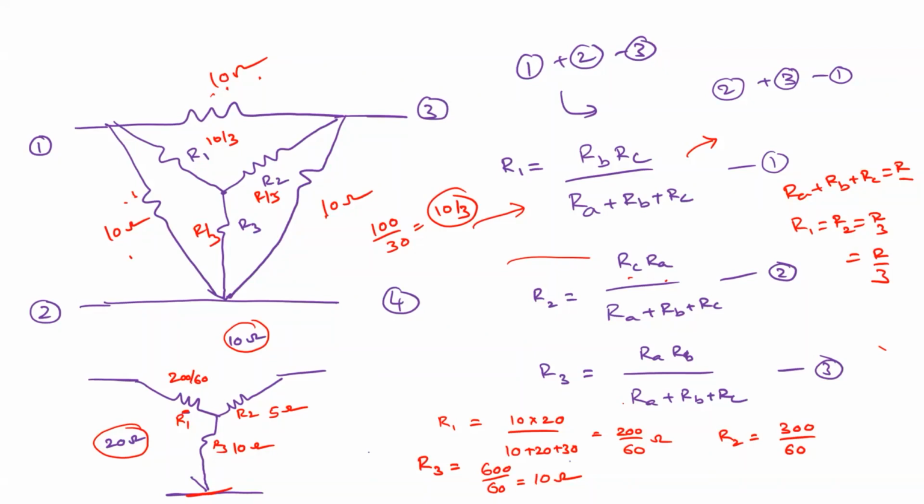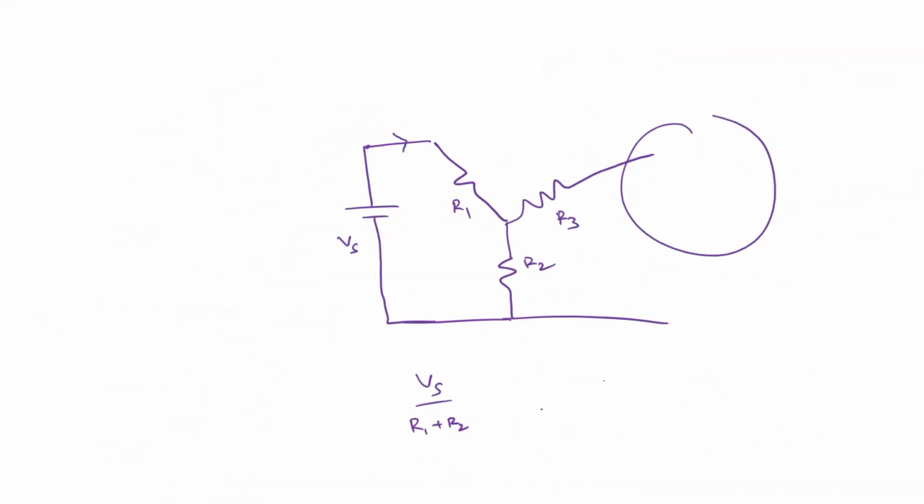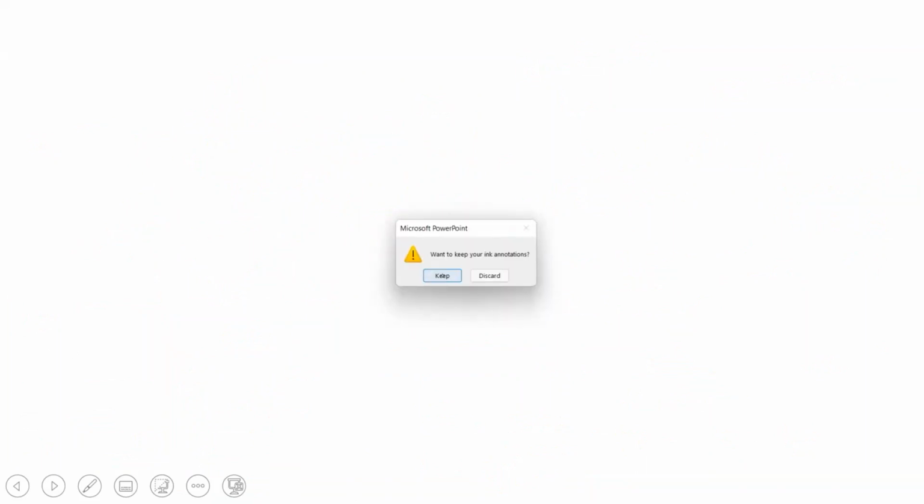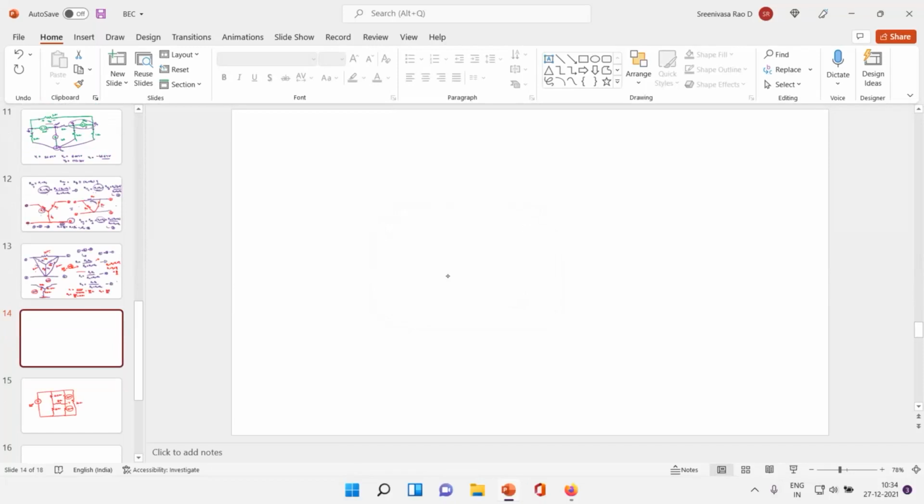Right. So now we'll do the other way around, that means star to delta connection. So say for example, you have a star connection like this.